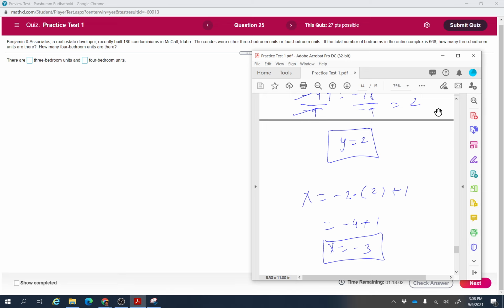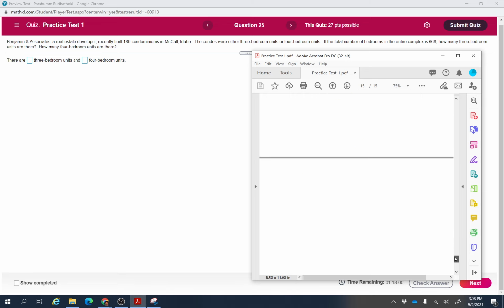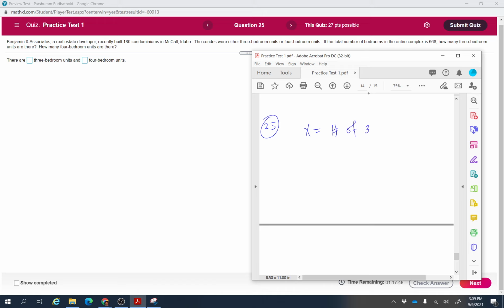So this is an application problem of a system of equations. Let's say x represents the number of 3-bedroom units, and y represents the number of 4-bedroom units.